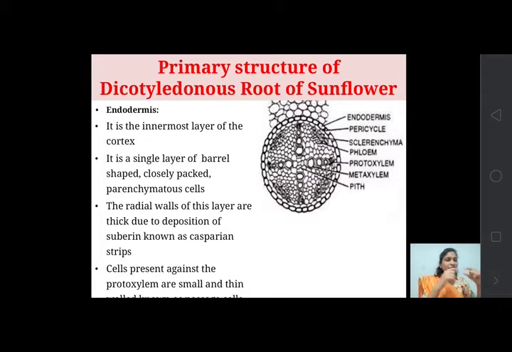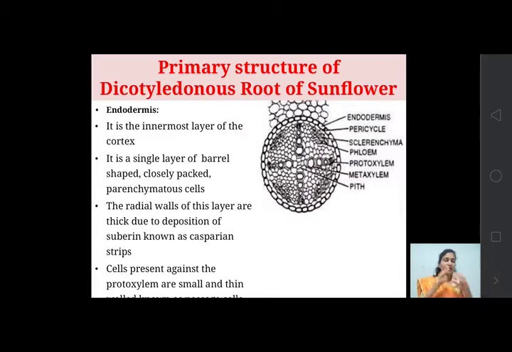So that's why these endodermal cells are thin walled, so that they can easily pass the water from the protoxylem to the cortex region. Only these cells, which are thin walled and can pass the water from the xylem to the cortex region, are known as the passage cells.